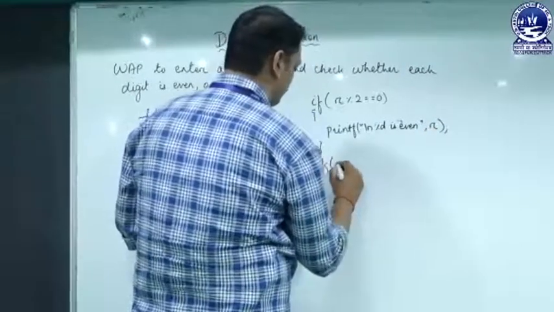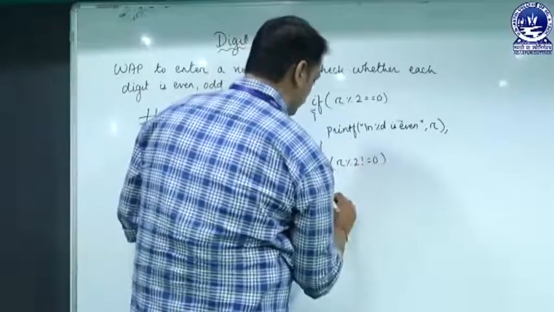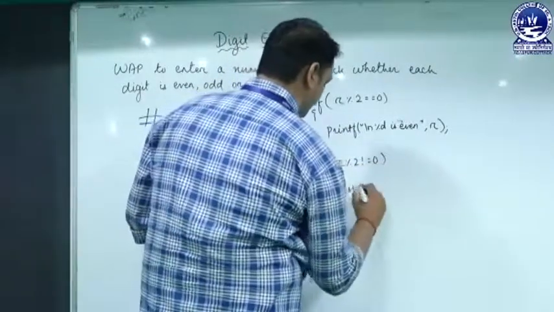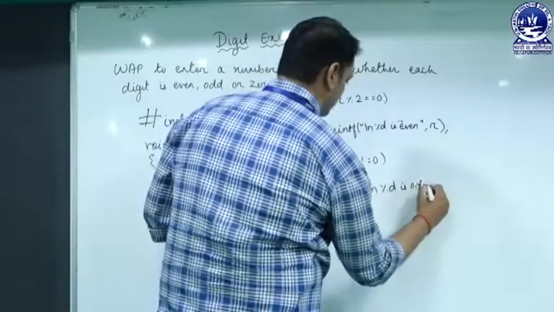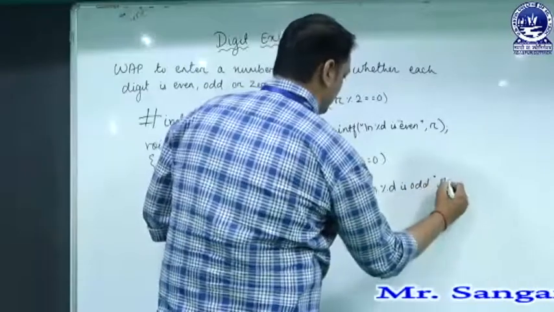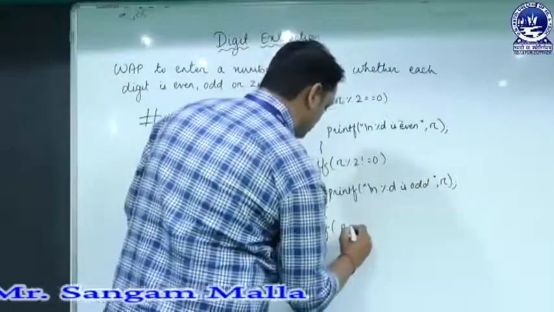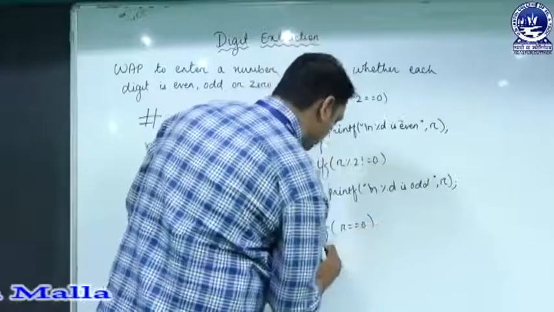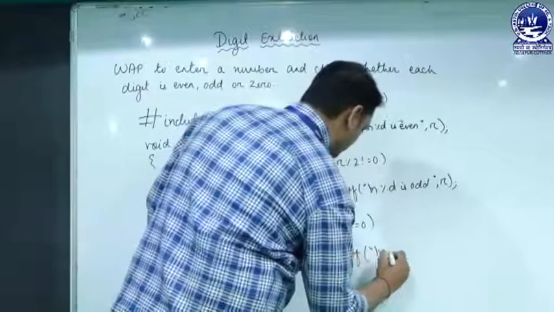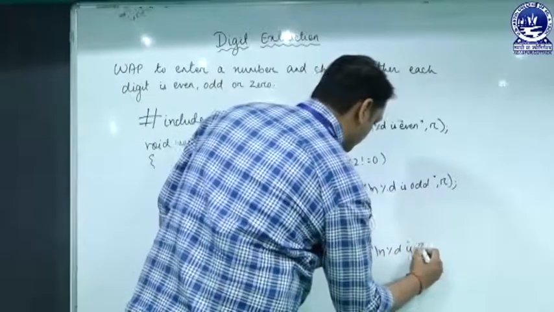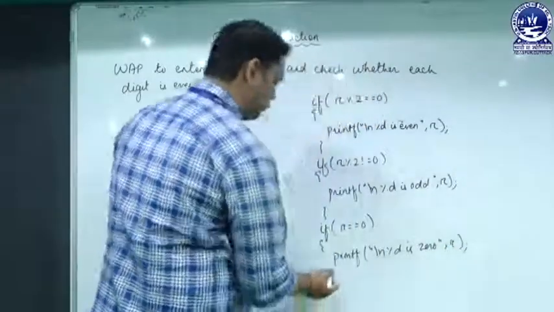Again I will write if r modulo 2 not equal to 0, that means if it is odd, then printf "\n %d is odd", where in place of %d I will print the value of r. Similarly, if r equal to 0, then printf "\n %d is 0", and in place of %d I will print the value of r.